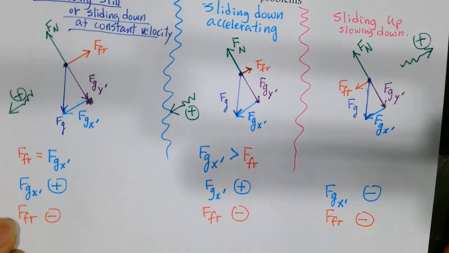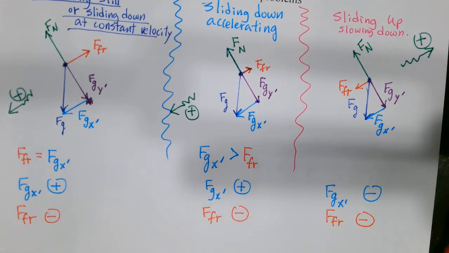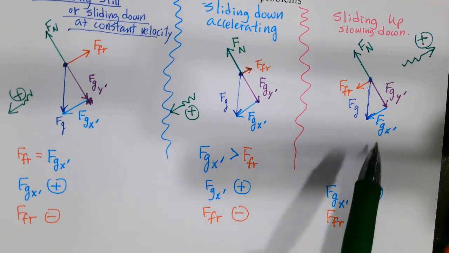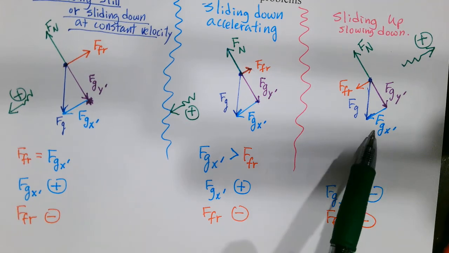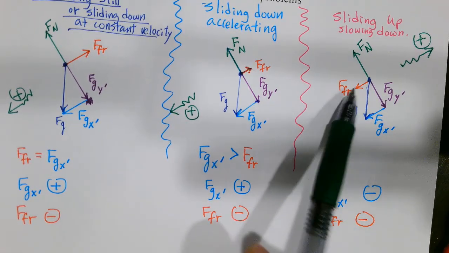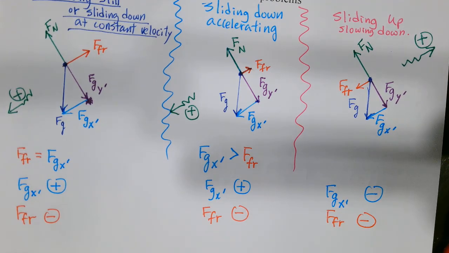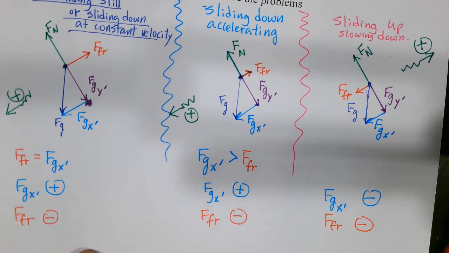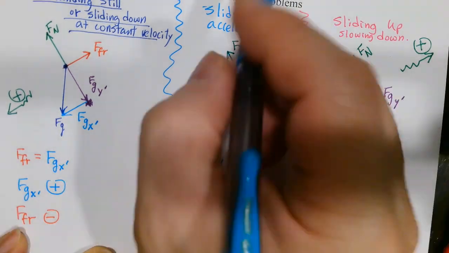All right. And we don't know if the friction is going to be bigger or smaller than FGX. We just don't know that. All right. It could be bigger, it could be smaller, it could equal each other. So we don't really know. Okay. Hopefully that should help out. Okay. It's very important that we understand this. All right.